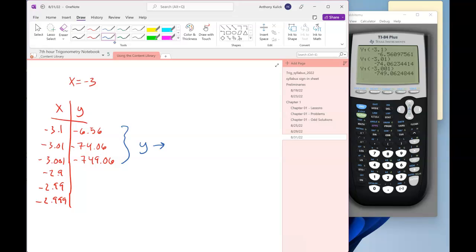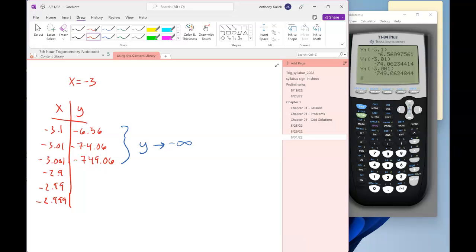They're getting a lot smaller the closer I get. What value do you suppose that they're heading towards if they just keep getting smaller and smaller and smaller? Negative infinity, right? Is that okay with you guys?